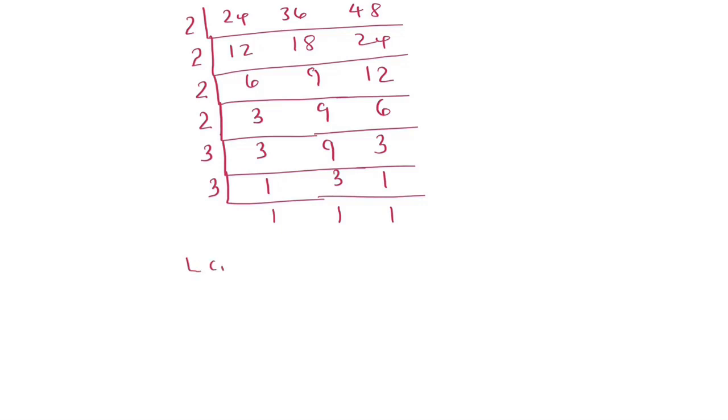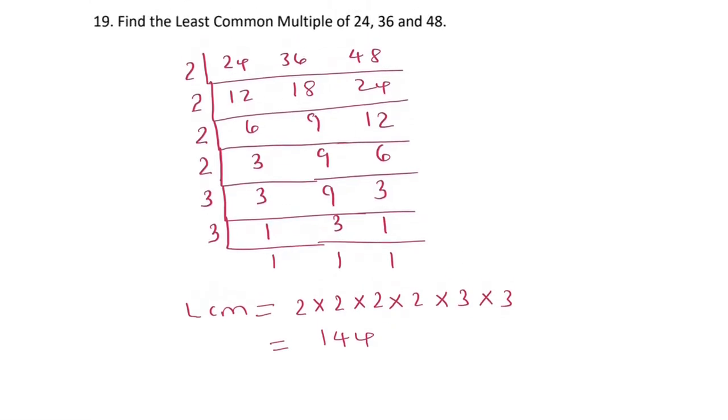So our LCM is going to equal 2 times 2 times 2 times 2 times 3 times 3, of which after solving the values, we are getting 144. And this is going to be our answer.